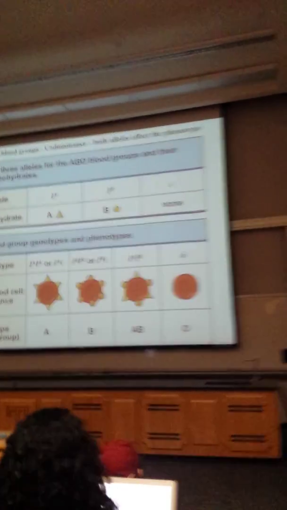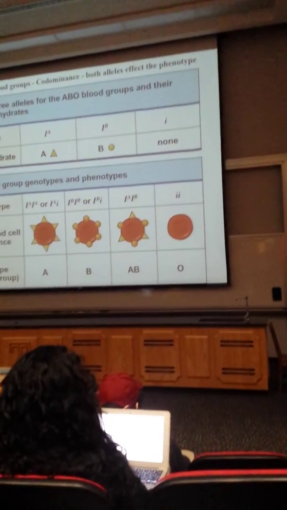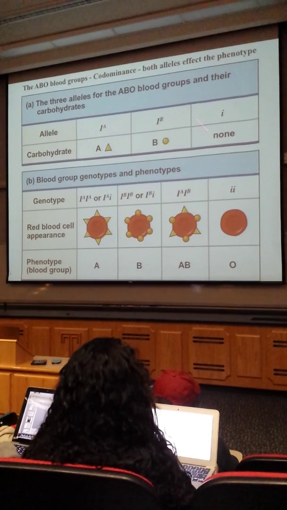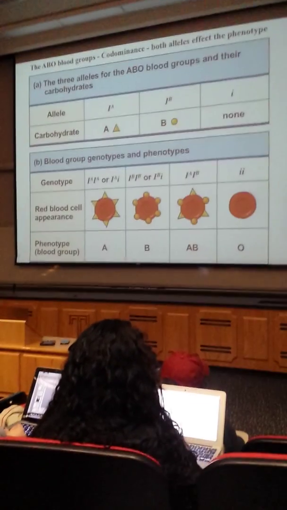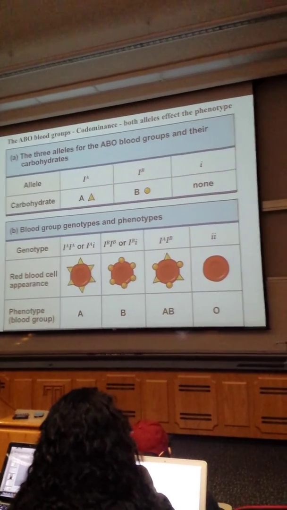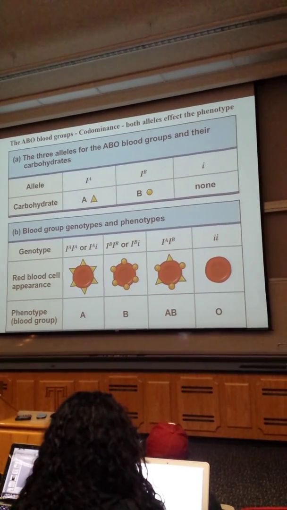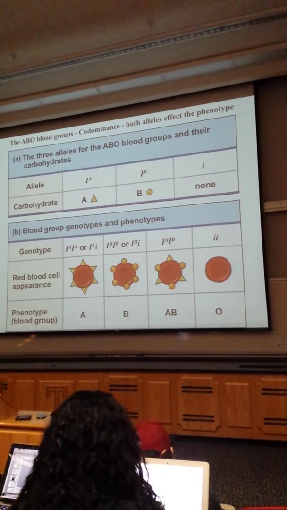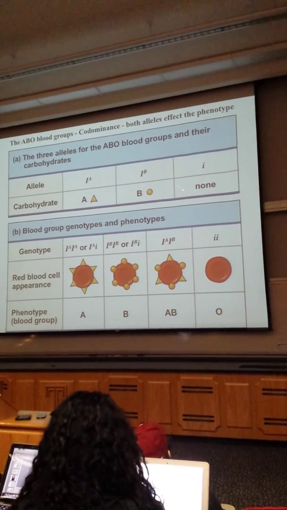The immune system of the O-type person goes nuts. It can't deal with this, the blood will clot, and your patient will die. Okay? That's why it's called an antigen, because it induces an immune response. So this is the A-type antigen, this is the B-type antigen. Individuals who have O blood types don't have any of that.